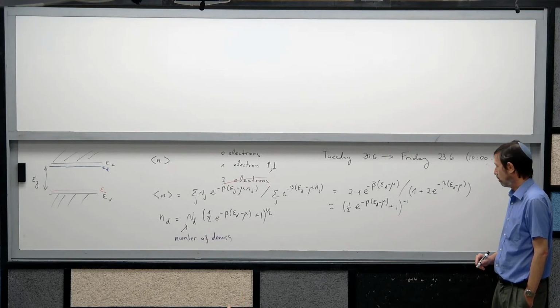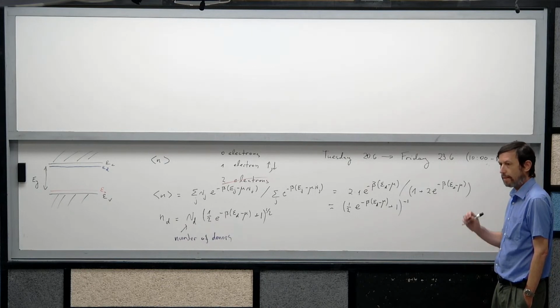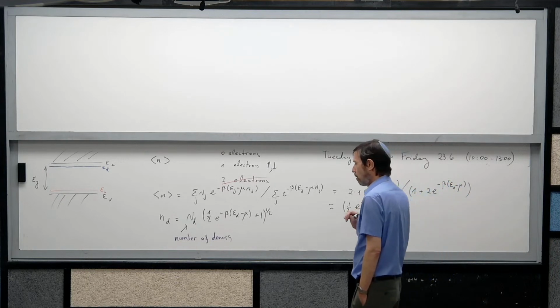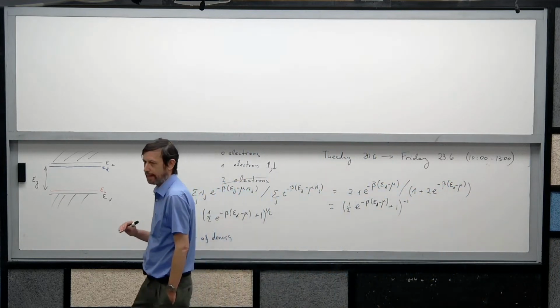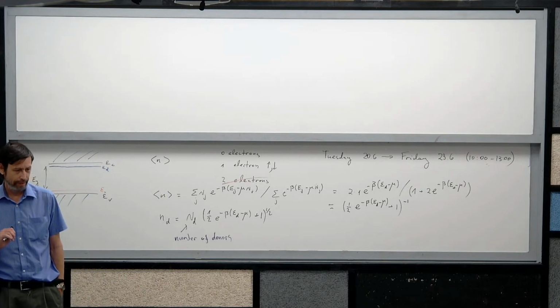May I ask a question? Sure. The number N, the big N_D, is the number of electrons in the level of donors, or the number of donors? We assume that each donor can give up to 1 electron, like an atom with electrons.